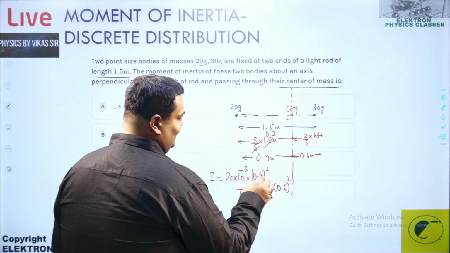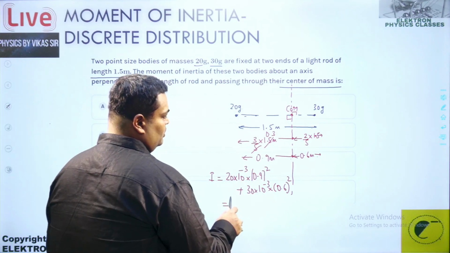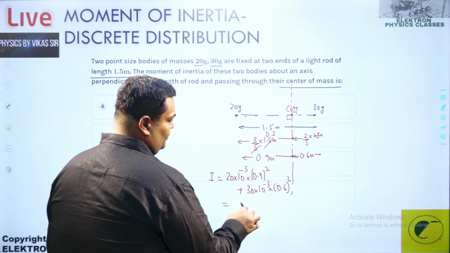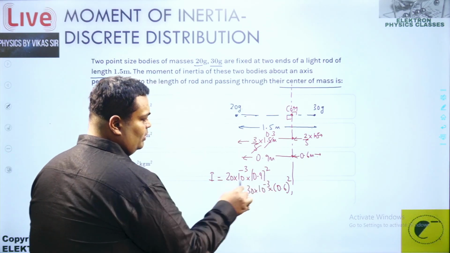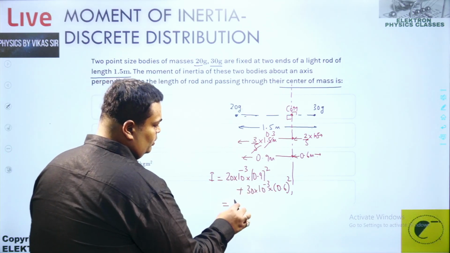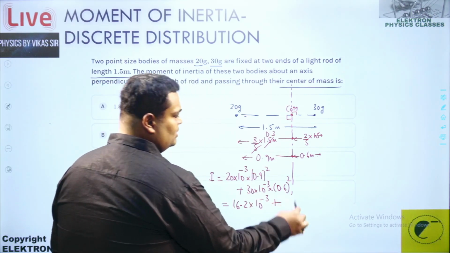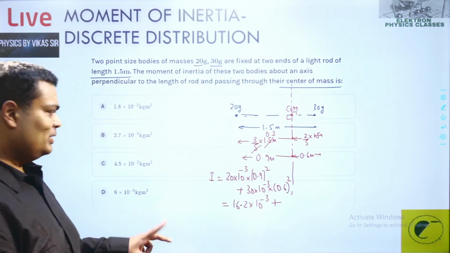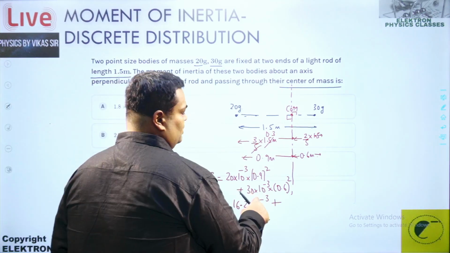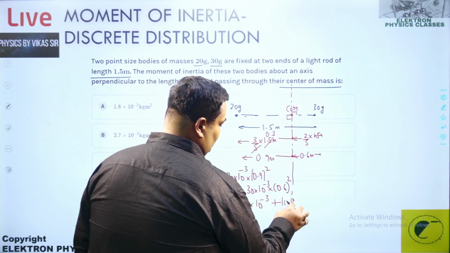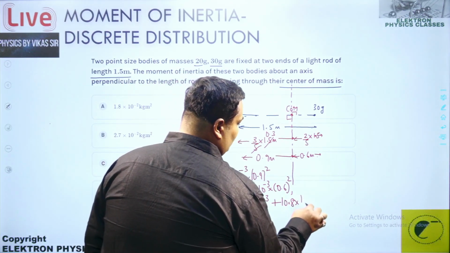That becomes 0.81 into 10, 8.1, into 2, so 16.2 into 10 power minus 3, plus 0.6 square is 0.36 into 10, so 3.6 into 3, so 10.8 into 10 power minus 3.